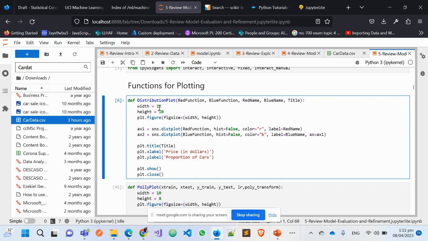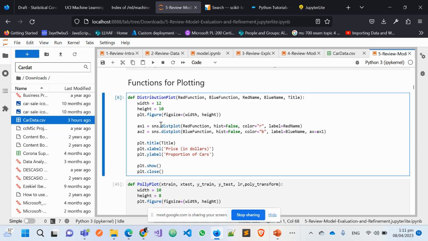What this means is that we're trying to get a distribution plot, and the red function and the blue function give us the differentiation we need to identify the distribution.